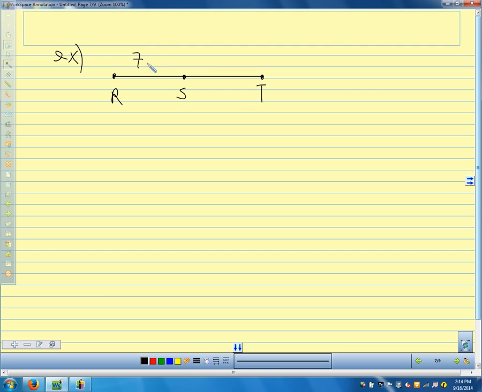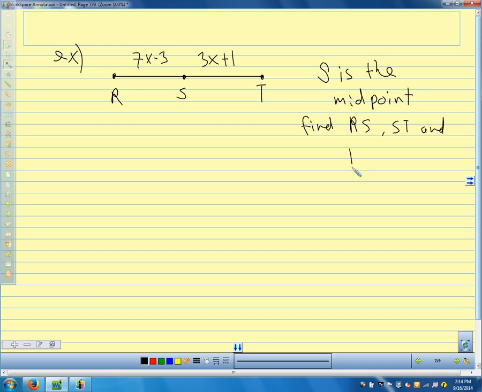And this is 7x minus 3 and 3x plus 1. And S is the midpoint. We want to find RS, ST, and RT.